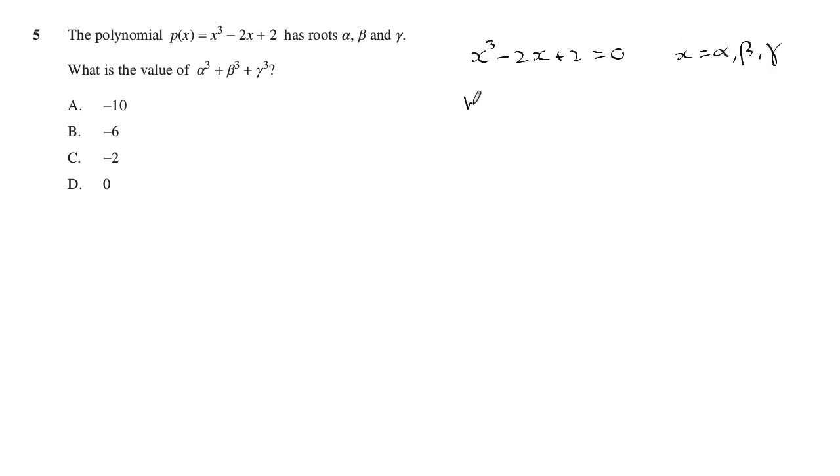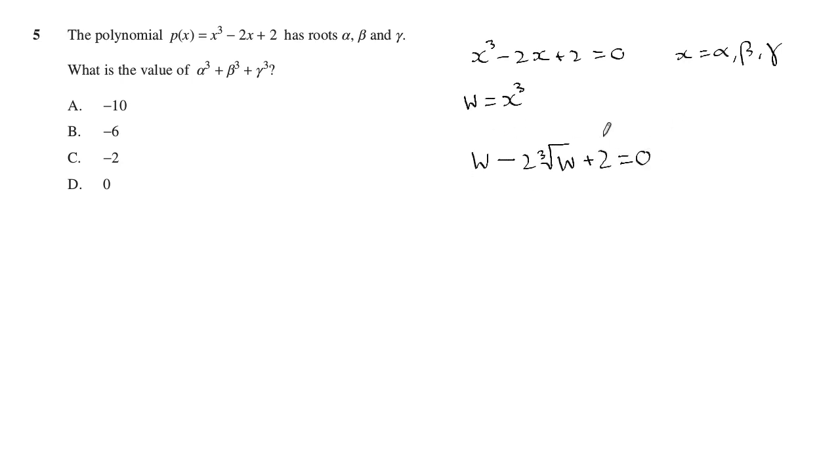If we said let w equals x cubed, and then try to write this equation in terms of w instead, so it would be w minus, so I've replaced the x cubed with w. The x is cube root of w.